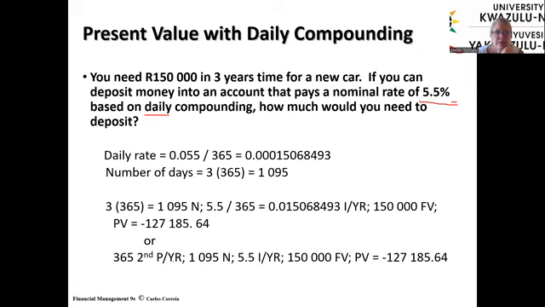Or you put your PYR setting on daily, which is 365. Then you can enter your 5.5, your annual rate, here instead of dividing it. Your calculator will do it for you because your setting's on 365. Everything else is the same. 1095 is your N, 150,000 is your FV, hit PV, and you get the same answer.